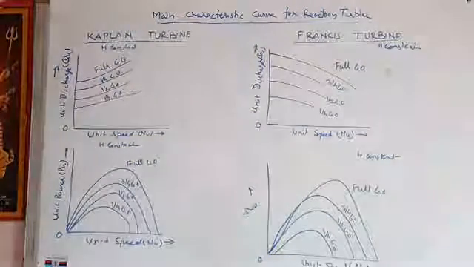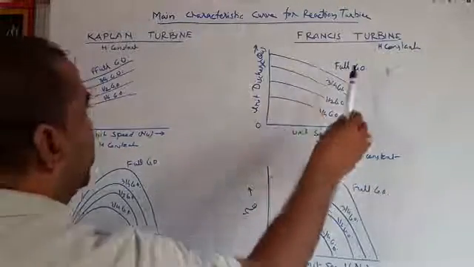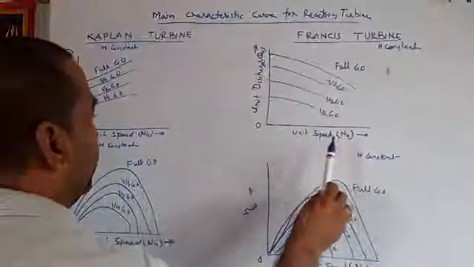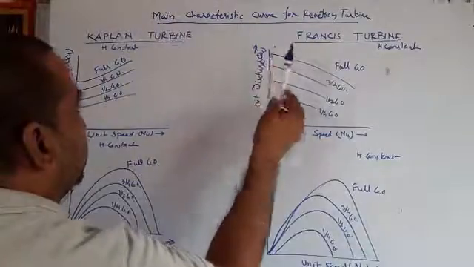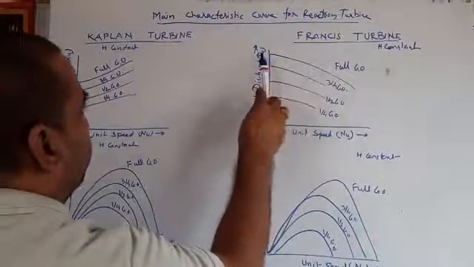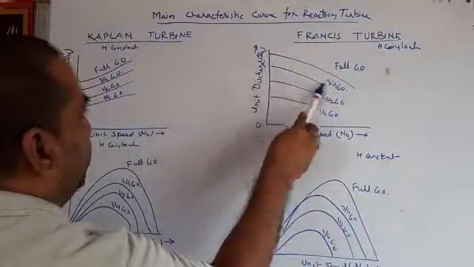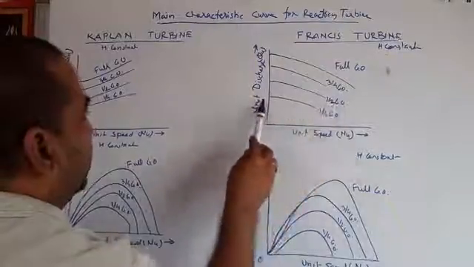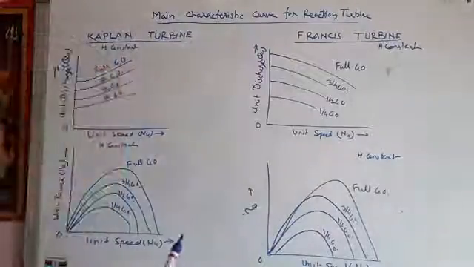Similarly, for the Francis turbine, the curves are like this. Here also H is constant, with unit speed and unit discharge. Here for full gate opening the discharge is highest and it reduces for 3/4 gate opening, then for half gate opening, and is minimum for 1/4 gate opening.